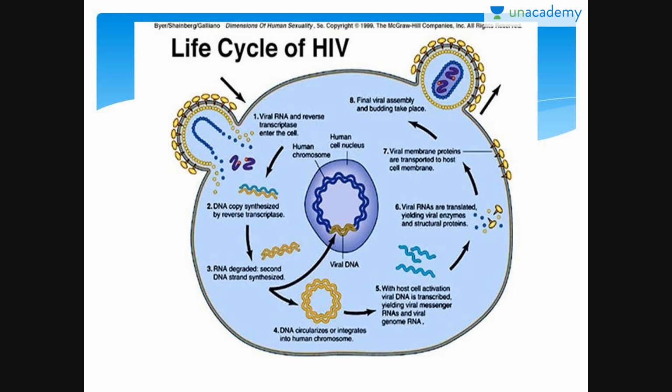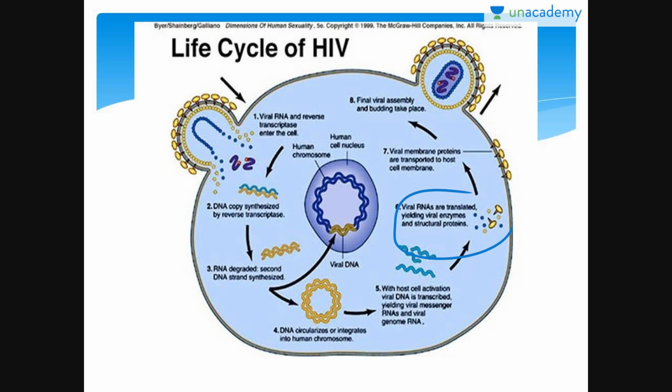This is the life cycle of HIV. After getting into the body, HIV enters the cell. There is viral RNA and reverse transcription involved. Then the DNA gets copied, the RNA is degraded, and the DNA circularizes or integrates into the human chromosome. With host cell activation, viral DNA is transcribed.